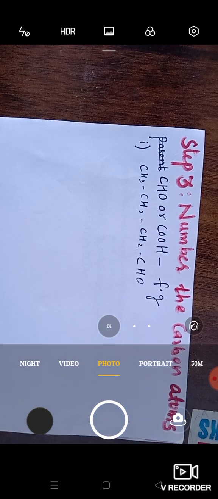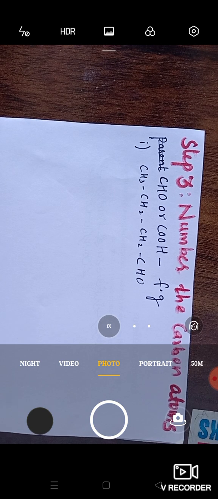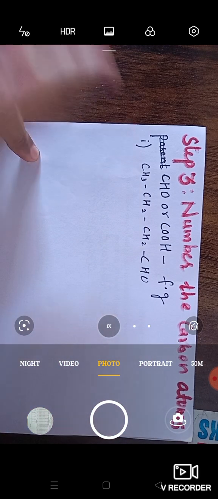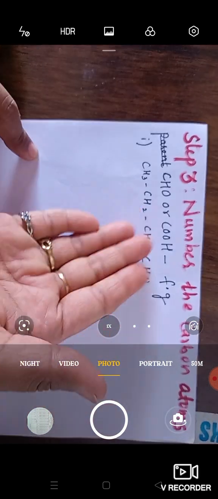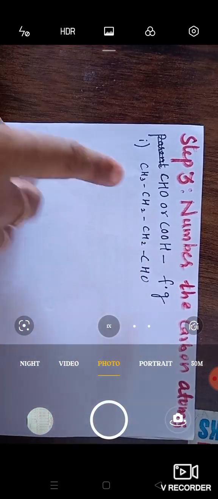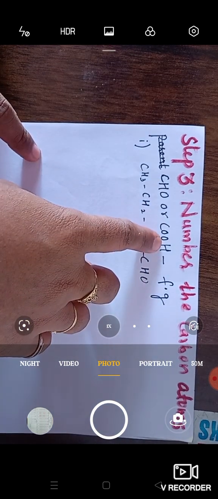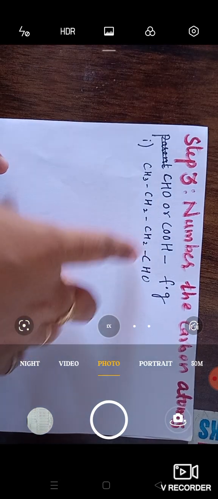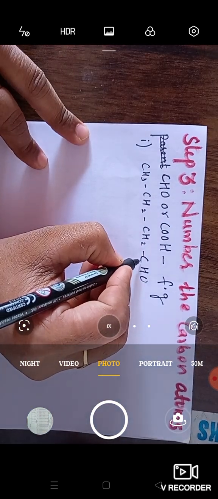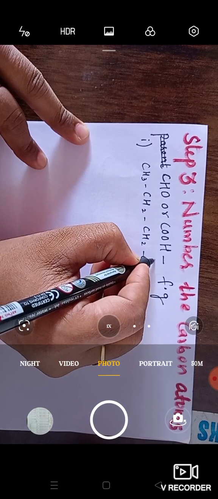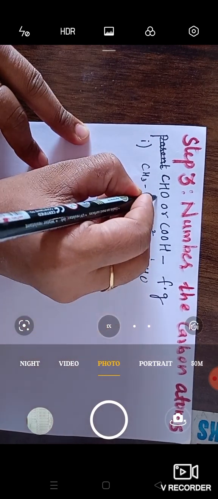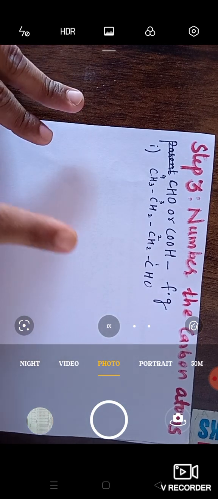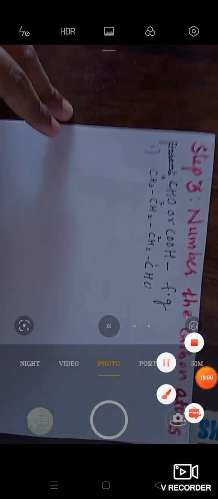If this is the structural formula, you can see an aldehydic group is present. So from where will you start numbering? From here or from here? I have told you, if an aldehydic or COOH group is present, you need to start numbering from this functional group only. So this carbon will be taken as number 1, this is 2, this is 3, and this will be taken as 4.